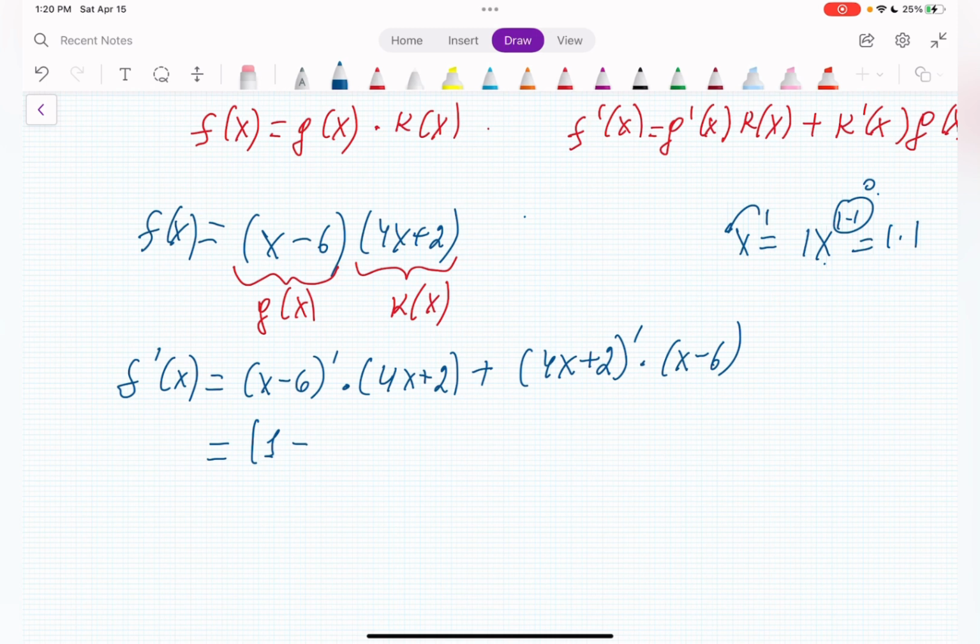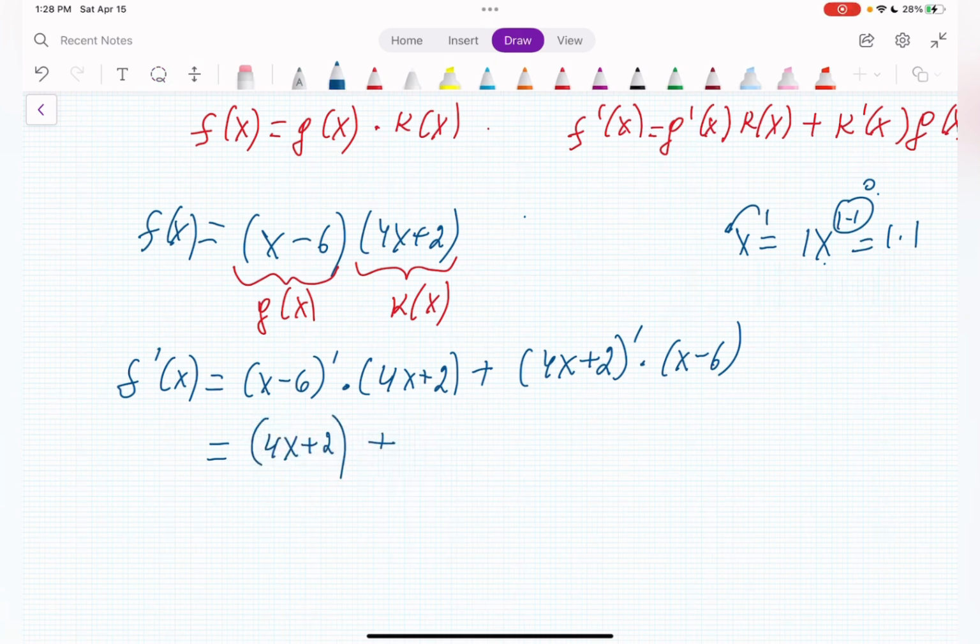And minus the derivative of a constant is 0, times 4x plus 2. Which means 1 minus 0 is 1. I can clean it. I don't need to keep it. And just move 4x plus 2.